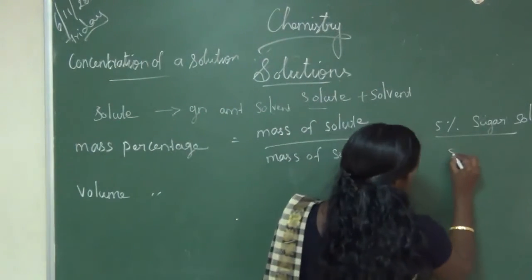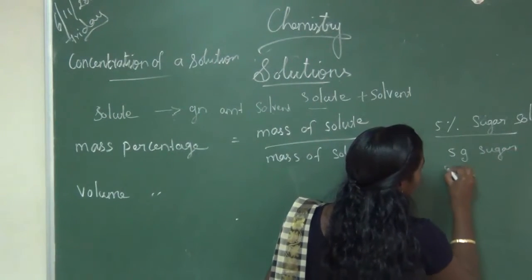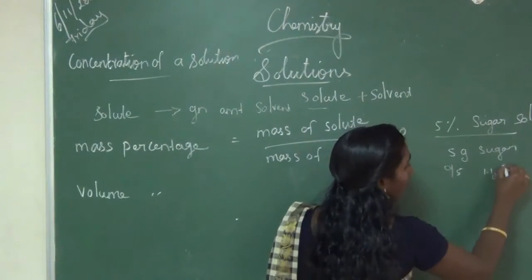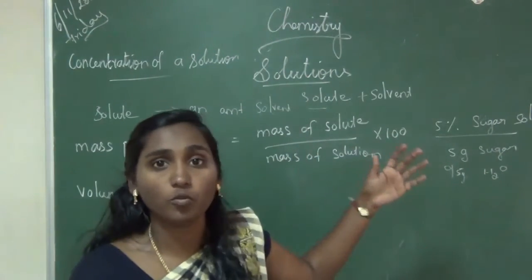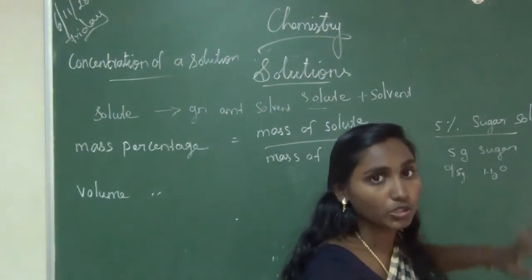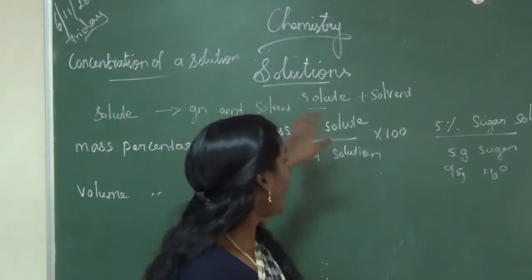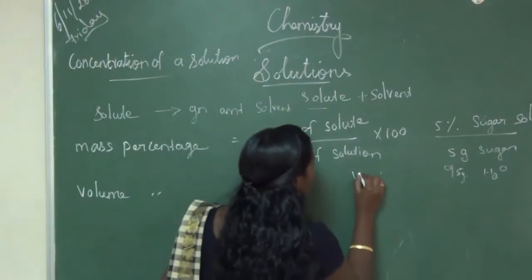Here 5 gram of sugar and 95 gram of water. Okay, 5 gram of sugar and 95 gram of water, which is called a 5% sugar solution. And this mass percentage is expressed by W by W.